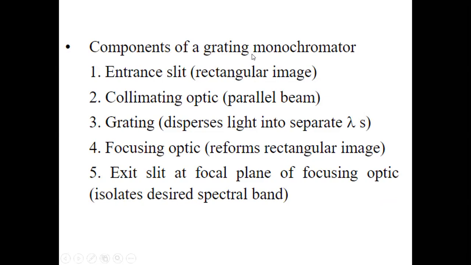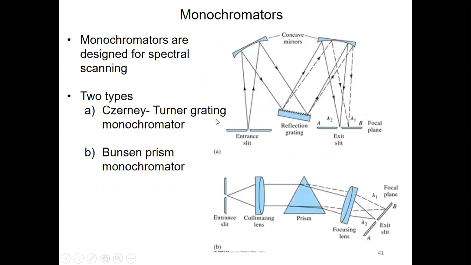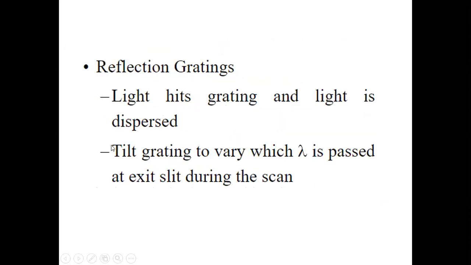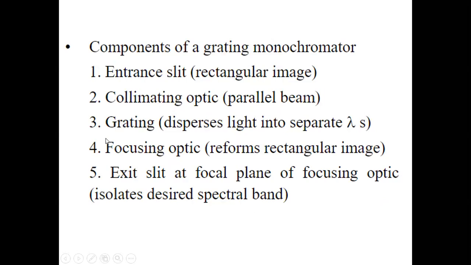The components of the grating monochromator are the entrance slit, collimating optics, which are the concave mirrors, the grating, focusing optics, which are also concave mirrors, and the exit slit at the focal plane of the focusing optic. So those are the five different components.